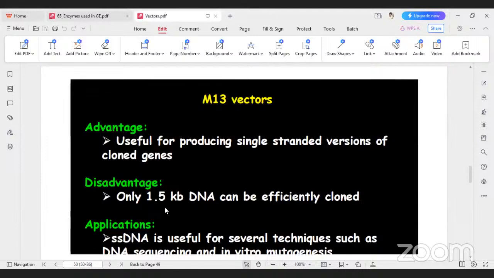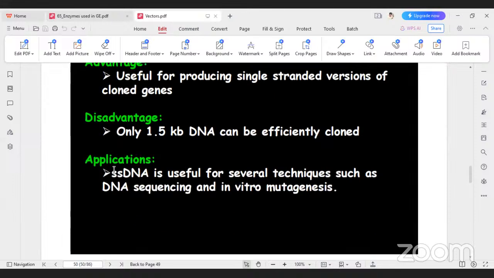Only 1.5 kb DNA can be efficiently cloned, but more than 2 kb is not used. As it is single-stranded, it is only used for several techniques such as DNA sequencing and in vitro mutagenesis.